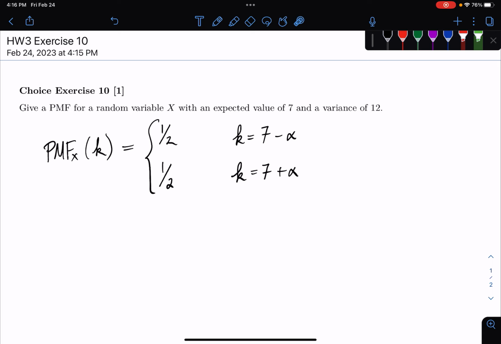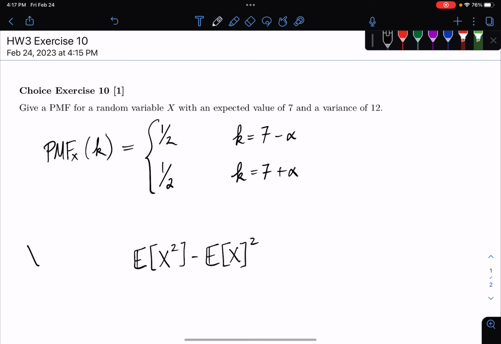Now this becomes a question about computing the variance. Ordinarily, we use this formula when we're computing variance, but in this case, I might use the other formula. So let's write all of our formulas down.